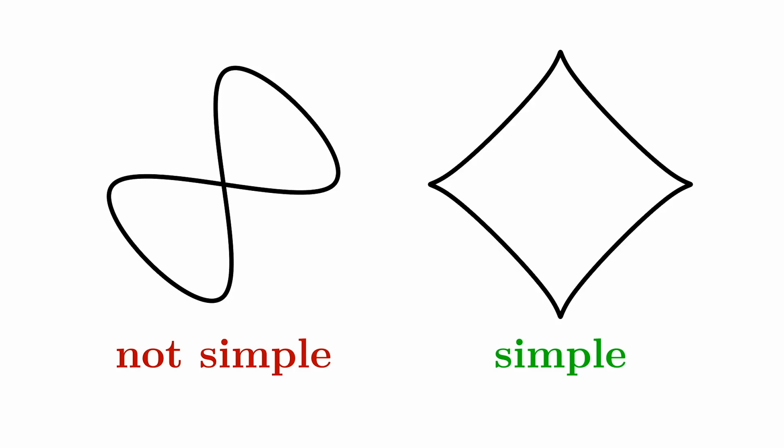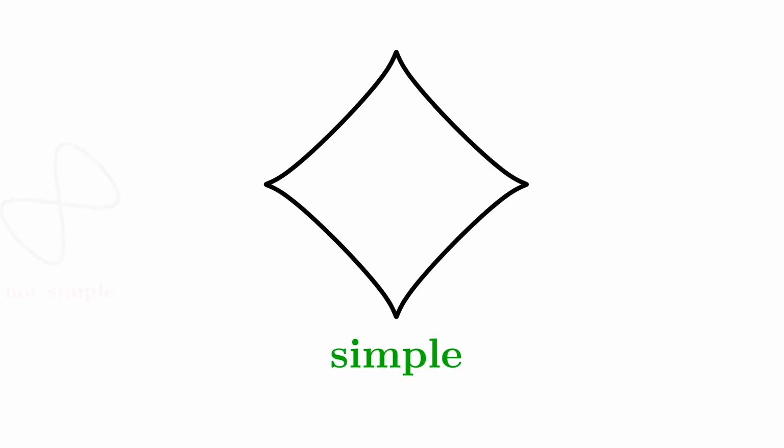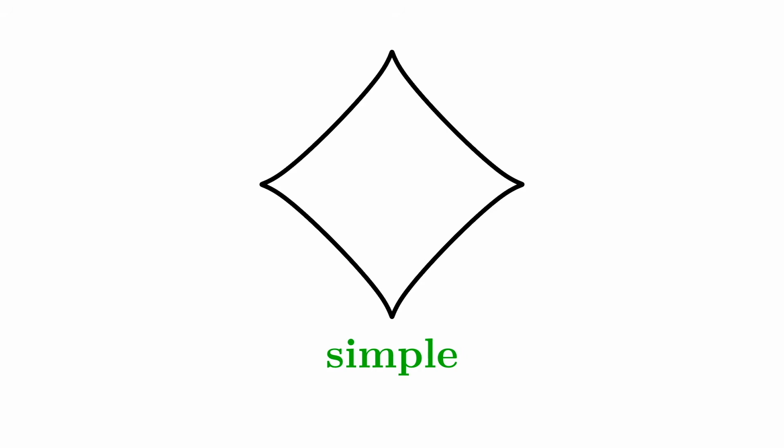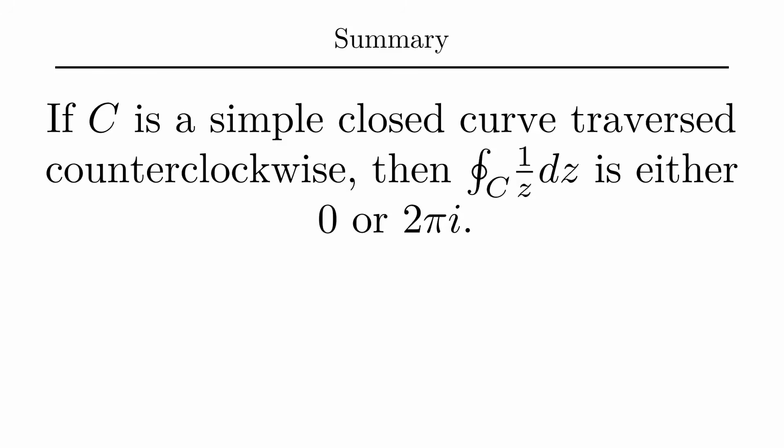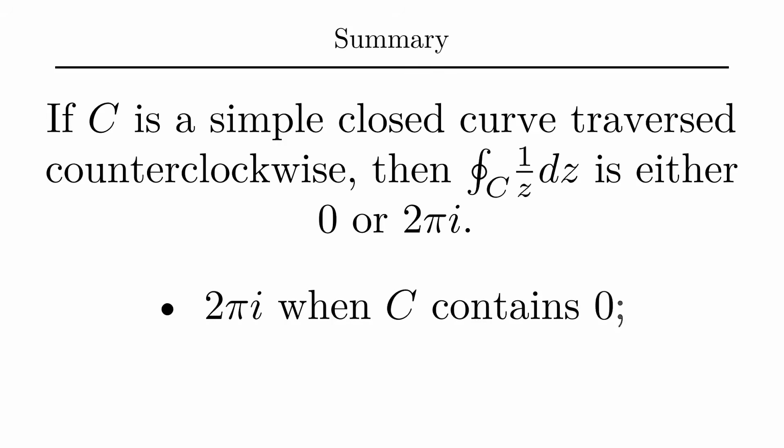But for what I'm about to say, we need to be careful that we're talking specifically about simple closed curves. Summarizing what we've learned, we get this. If C is a simple closed curve traversed counterclockwise, then the integral of 1 over z dz along C is either 0 or 2 pi i, and it's 2 pi i precisely when the curve contains z equals 0, and it is 0 otherwise.